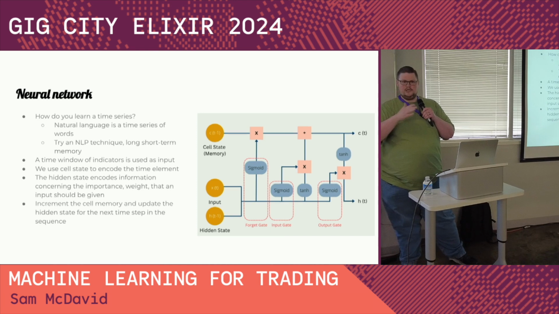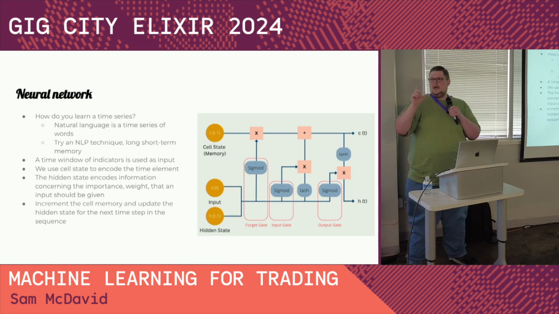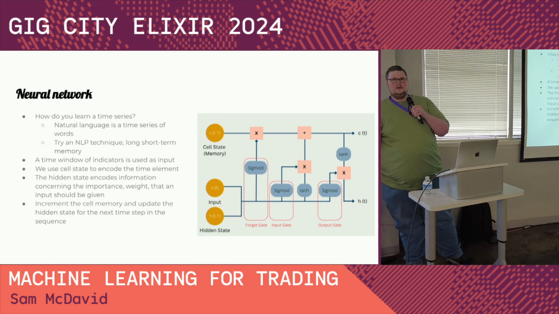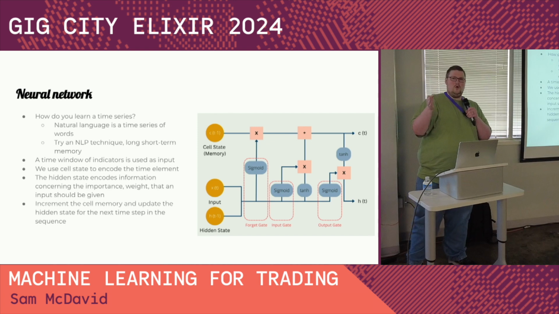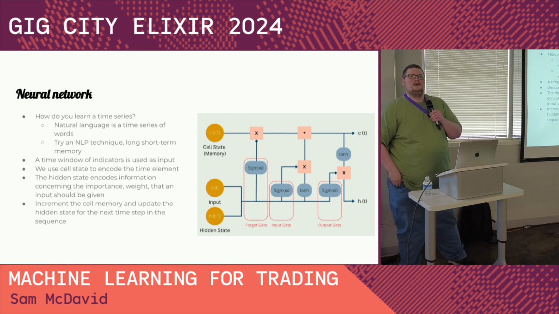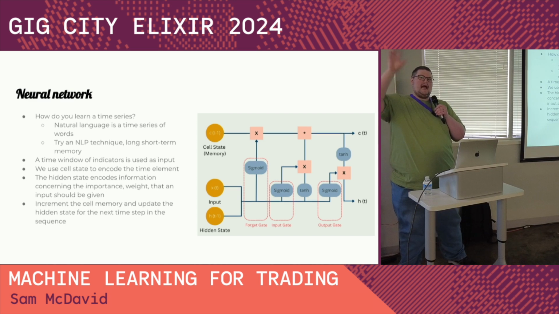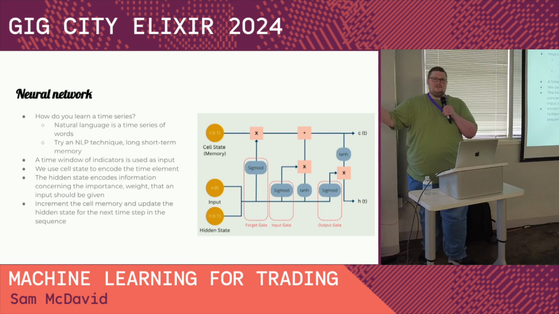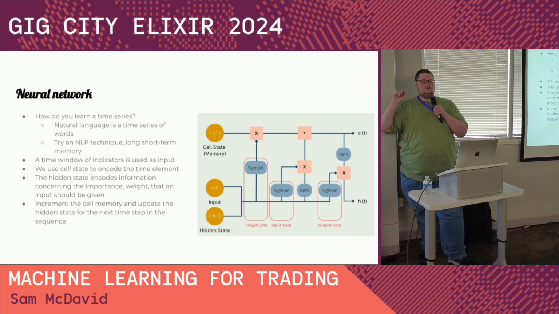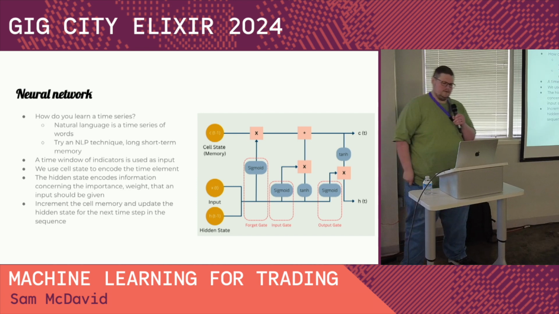Or if you're working with text, how many of those tokens do you need to know in order to predict the next thing? The input gate then is going to encode the input and add that to the memory, the cell state. Then it is going to use that to generate output. And then it's going to recurse and go back over.